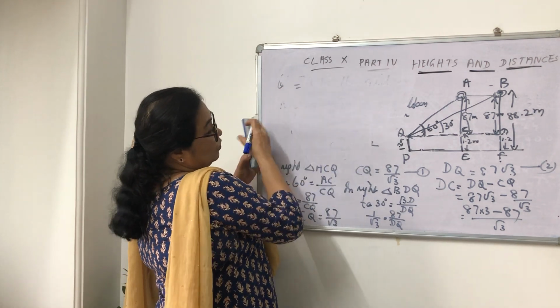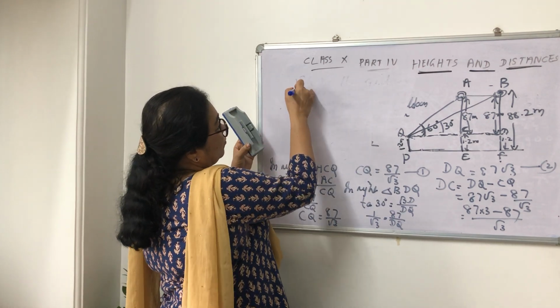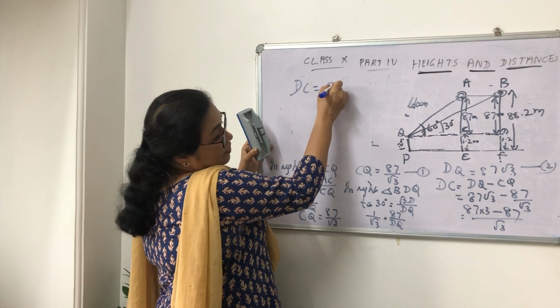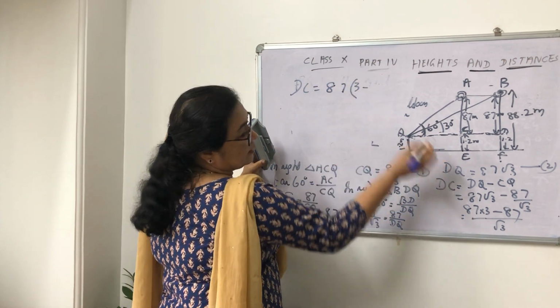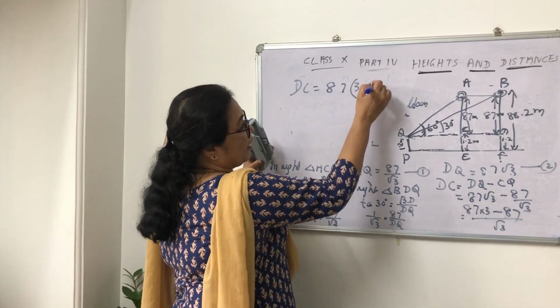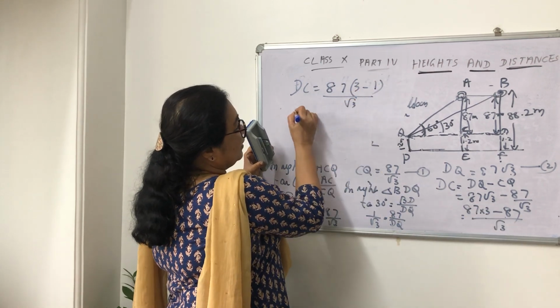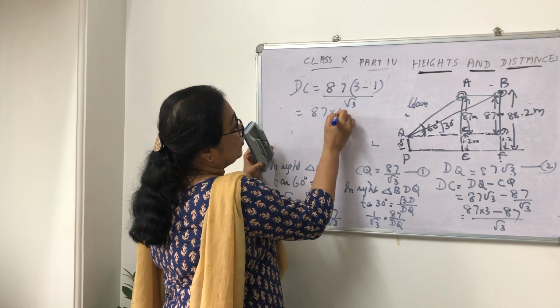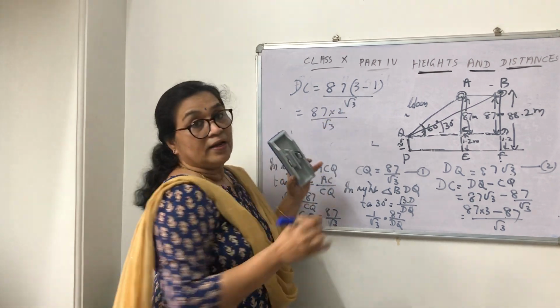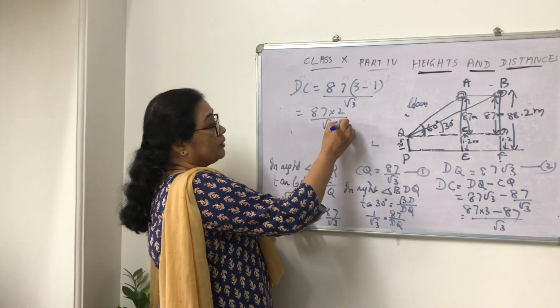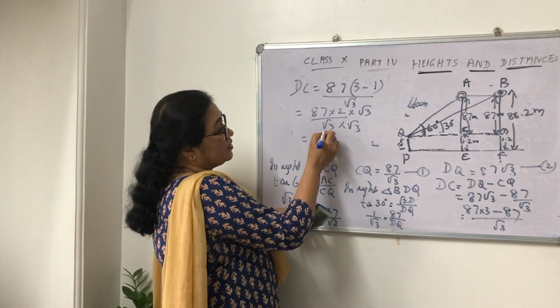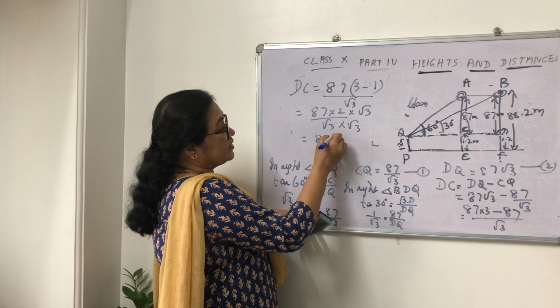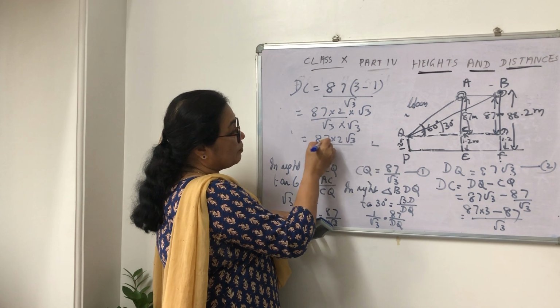That is DC equal to 87, I have taken out, what is left here? 3 minus 1 by root 3, that is 87 into 2 by root 3. Rationalization: you multiply by root 3. So this will become 87 into 2 root 3 by 3.